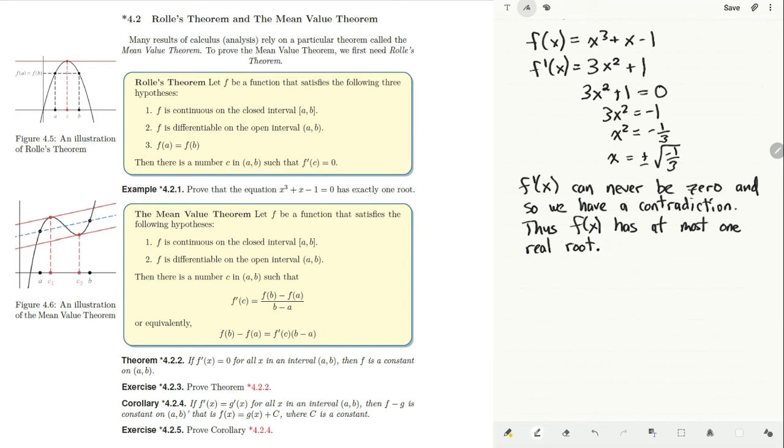And since we showed at the start, using the intermediate value theorem, that there is at least one real root, this tells us that the equation x cubed plus x minus 1 equals 0 has exactly one real root.